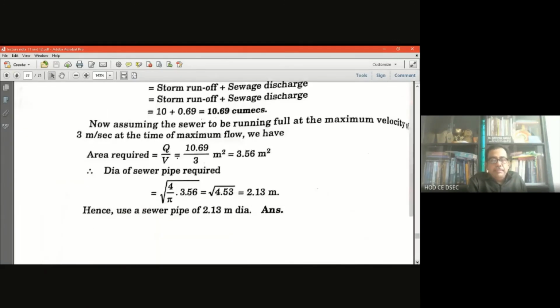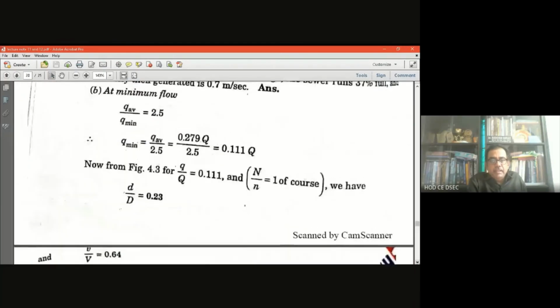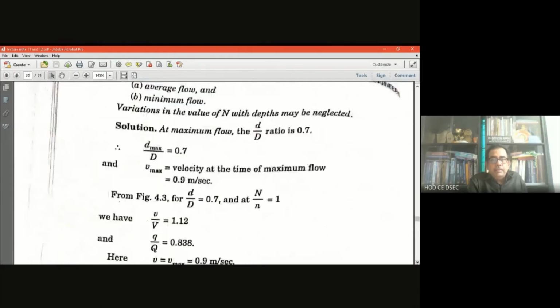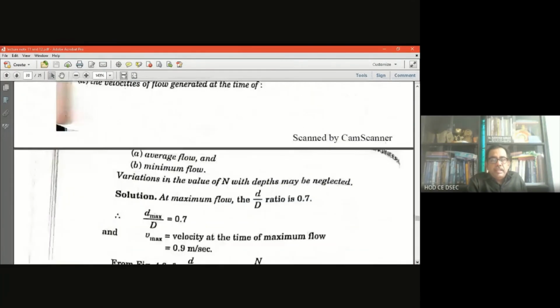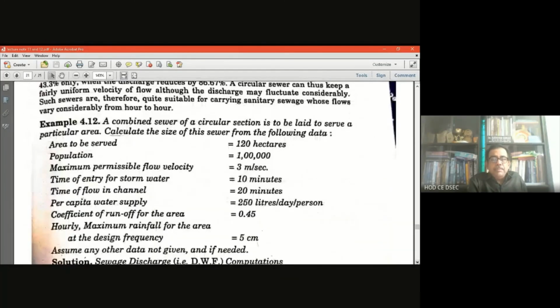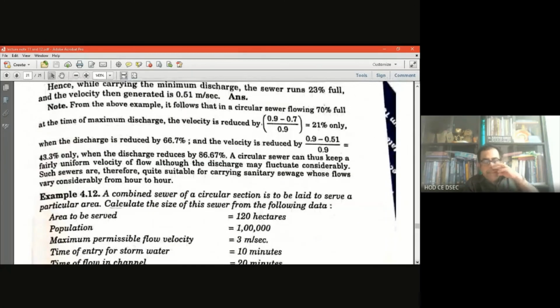This is a very important problem, which has a high probability of coming in the exam. Not only for the exam, this problem will give you a clear conception of what sewage drainage is, what stormwater design is, and how they can be integrated in the design of a single sewer system.